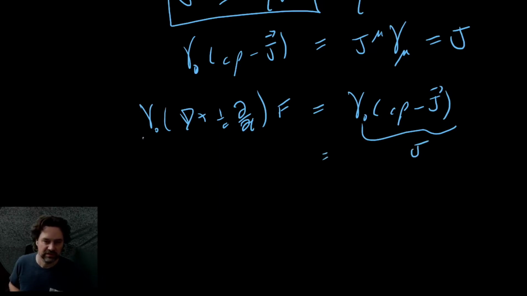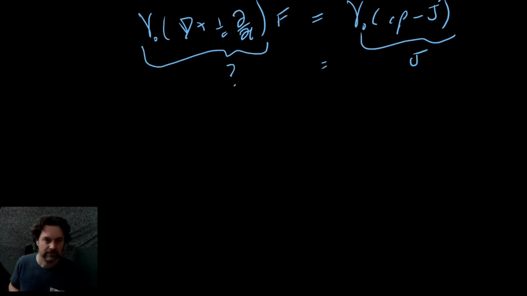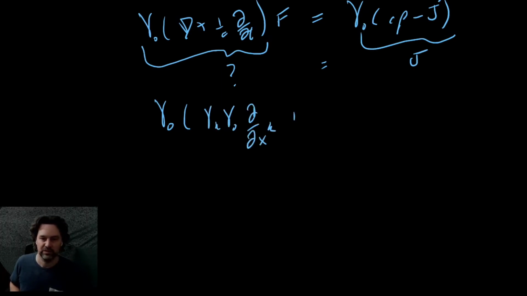What is this beastie? Let's compute that. So we have gamma naught times gamma k gamma naught d dxk plus 1 over c dt.